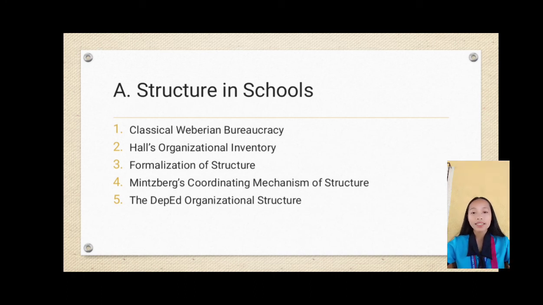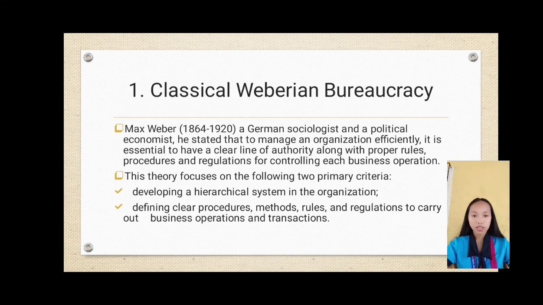But for my assigned topic, I will only discuss the first and the second, which are the classical Weberian bureaucracy and Hoy's organizational inventory. Okay, let's start with the classical Weberian bureaucracy.